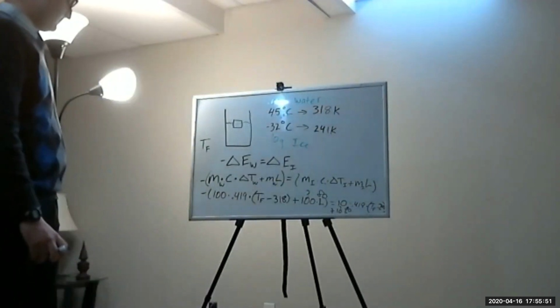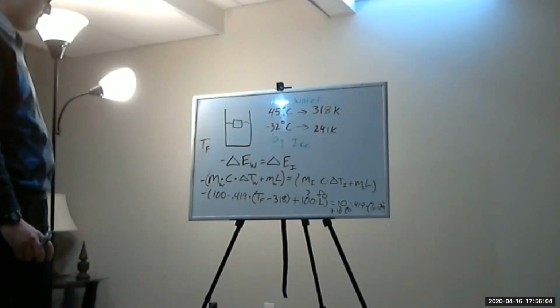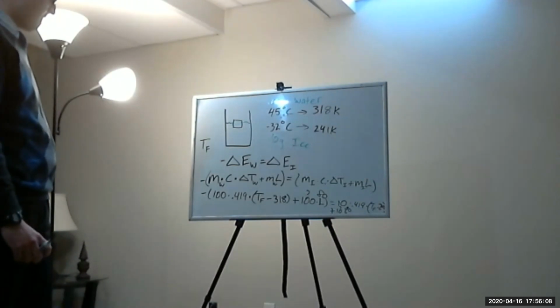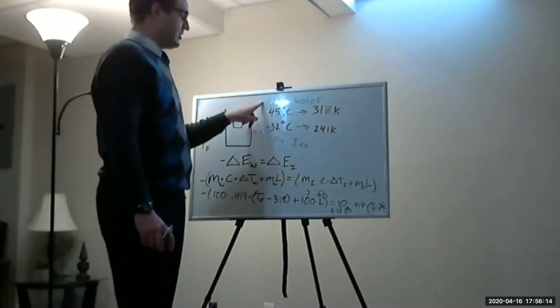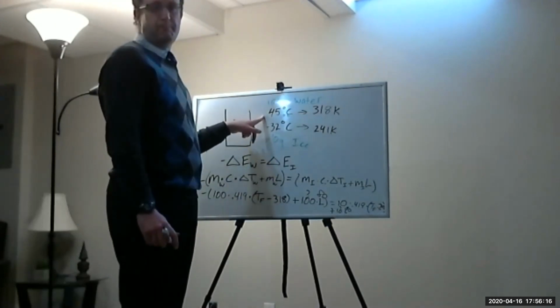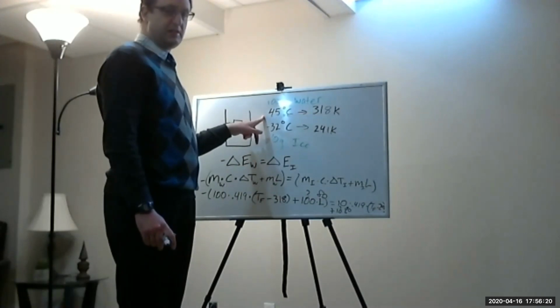Okay. So, give me just a second to remember how to figure out. Okay, with that much more water at that much above freezing, I can tell you that what's going to happen is all the ice is going to melt.